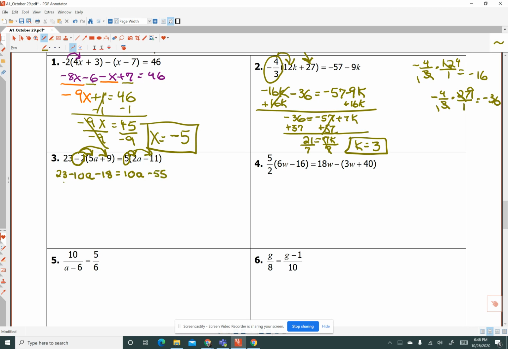So we can combine 23 minus 18, which will give us plus 5, and we'll still have that negative 10a, equals 10a minus 55. And I think the next thing we'll do is add 10a to both sides.